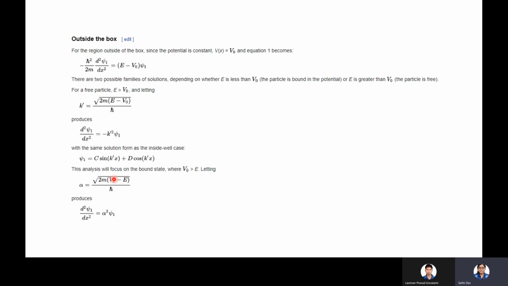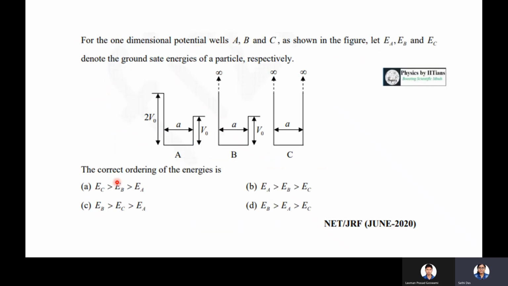So alpha is here the difference between the total energy of the particle and the potential energy of the particle. If V naught minus E is less, then the overall particle energy will be less.